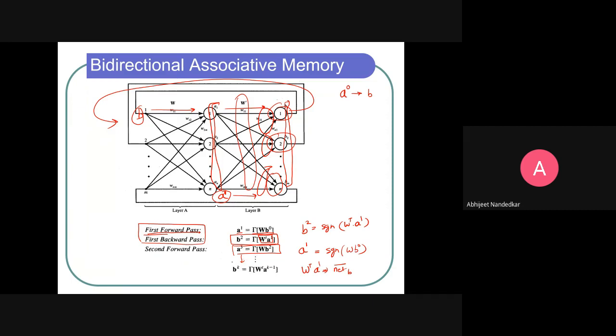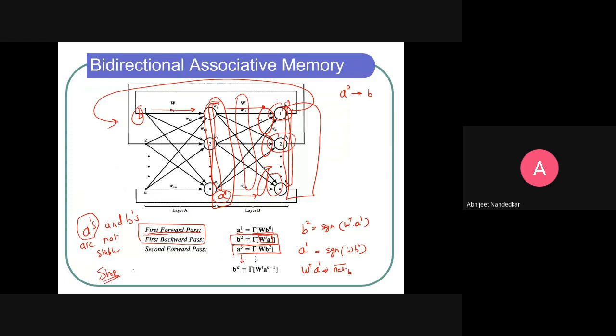So this procedure will continue till A's and B's are not changing. So the vector A obtained here and the vector B obtained at this position, if they are not changing after certain iterations, then you will stop.